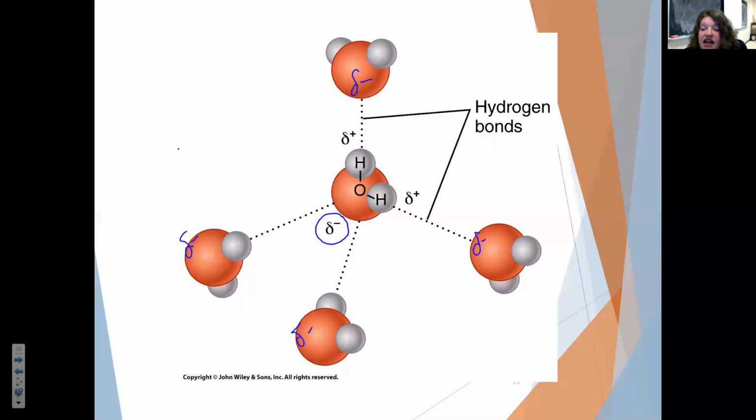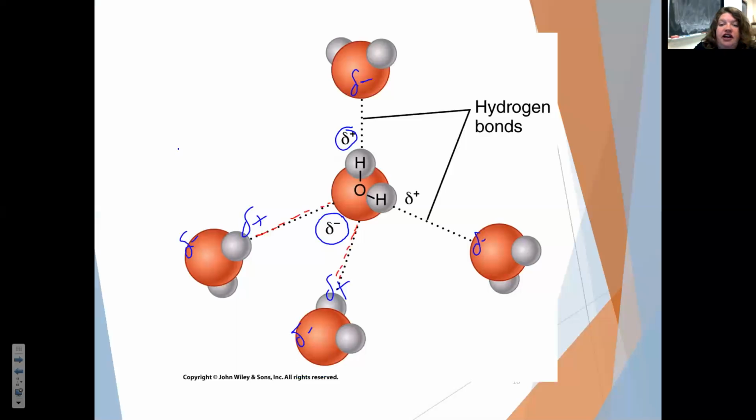And that leaves these hydrogens to have a little bit of a partial positive charge. And so we can get this opposites attract interaction, this dotted line that's showing us this interaction between the partially negatively charged part of the water molecule and the little bit of a positive charge on an adjacent water molecule.